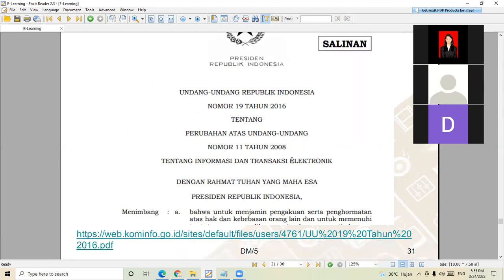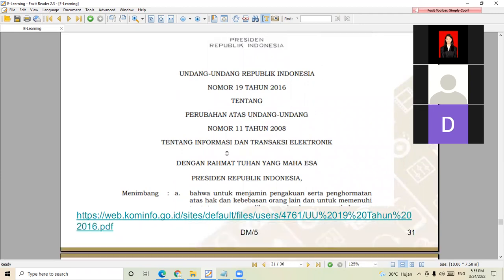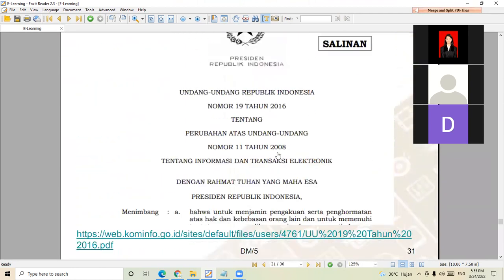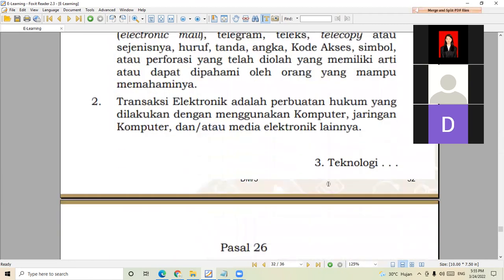This is one of the basic laws that we usually use if we are doing something related to digital and electronic information. Usually we use these ITE laws. For a copy of the laws, you can simply search on Google.